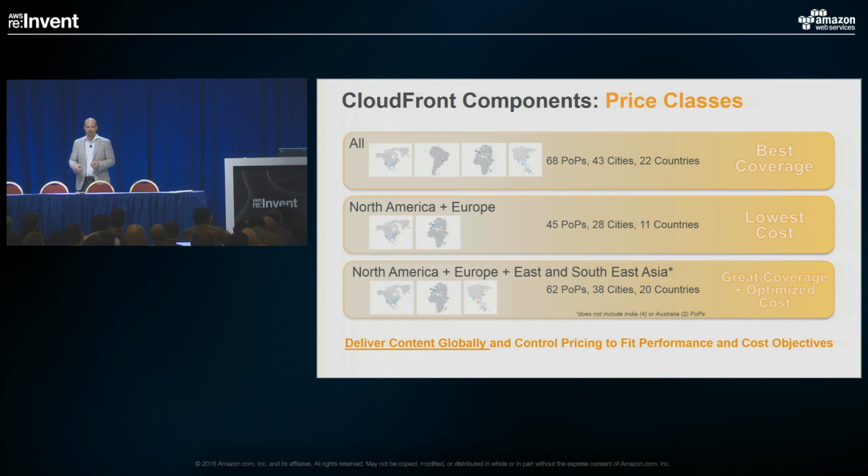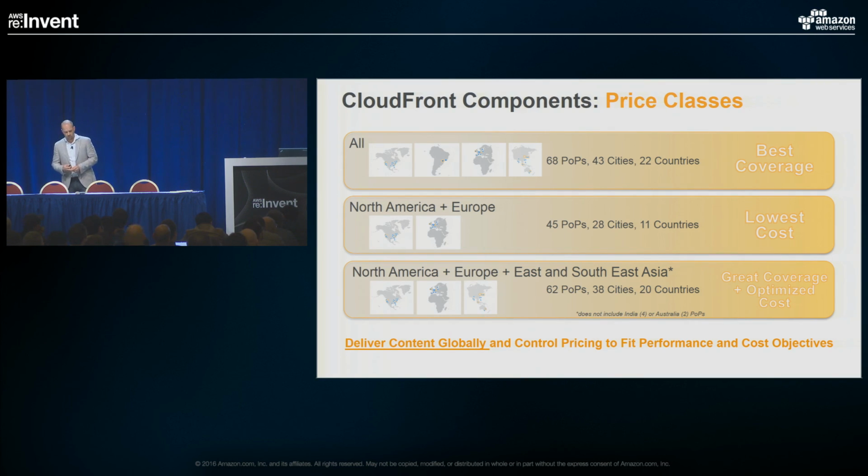Finally, this takes us to the final CloudFront component that's worth mentioning, and that's price classes. Price classes can only really be understood if you understand the concept of where we are in the different regions that we have. Price classes is not a performance feature, and it's not a technical feature. It's really just a cost optimization.